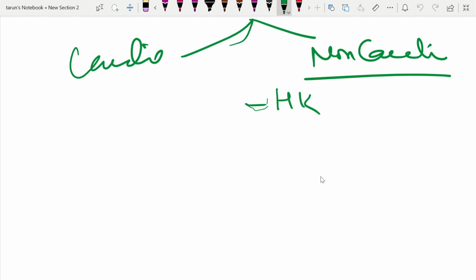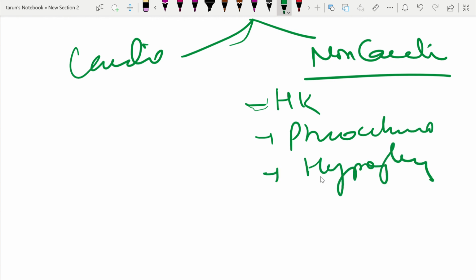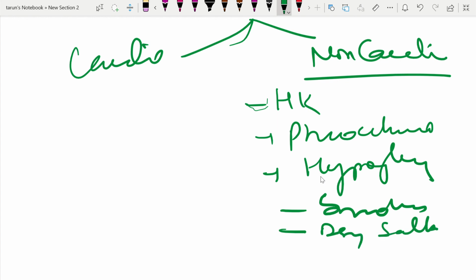Then miscellaneous causes include hypoglycemia and pheochromocytoma. Drugs like salbutamol and atropine can cause palpitations.